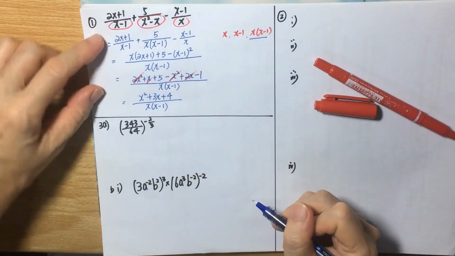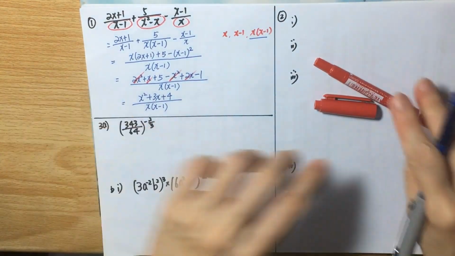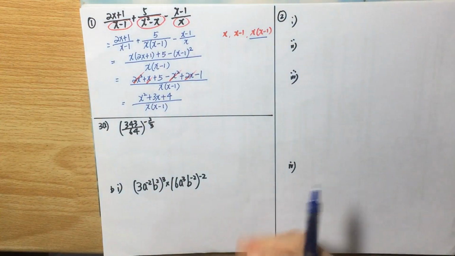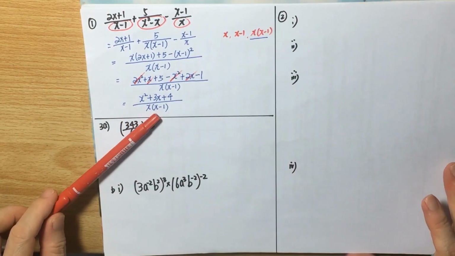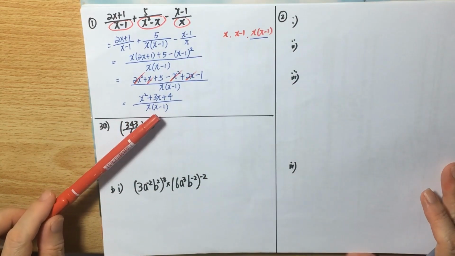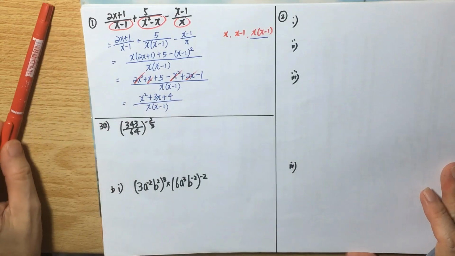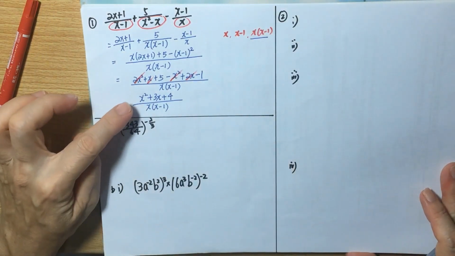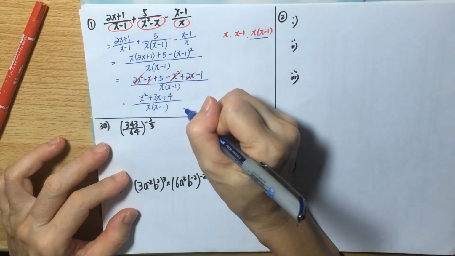And that's all. Even if we can factorize the numerator, there's no way that we can make it into a factor of x minus 1, so we will stop here. This is our answer.